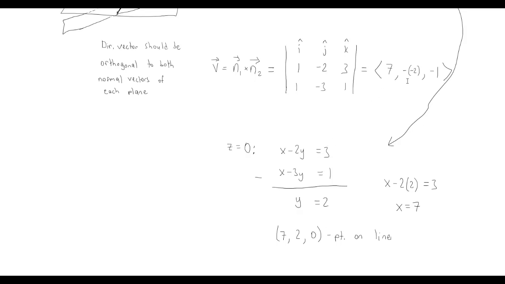So now that we have a direction vector, and we have a point on the line, we can write out a parametrization for the line, which I'll do over here. Alright, so remember the form, r of t is the point r naught plus t times the direction vector v. So the point is 7, 2, 0.